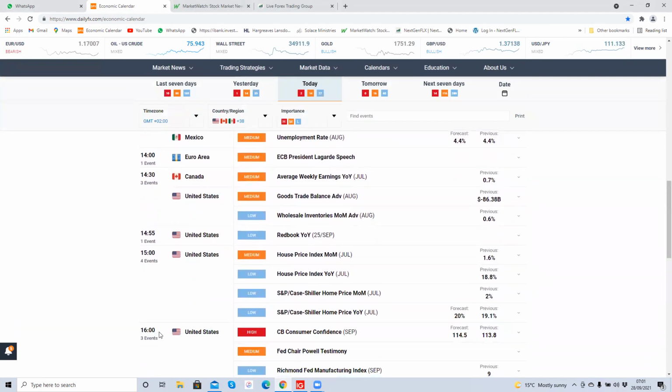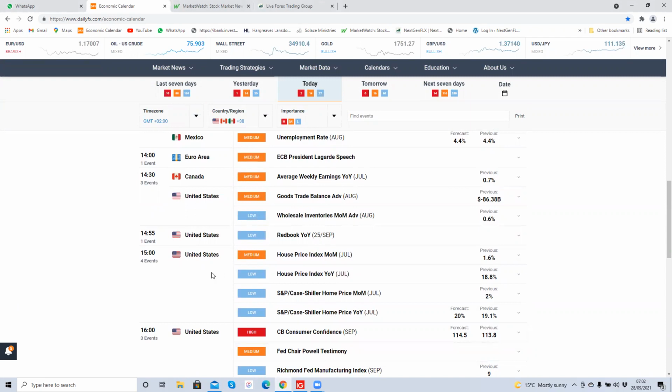So we can see at 4 p.m. we have the CB Consumer Confidence Report due out of the United States. And again, as we know, reports out of the United States affect all financial markets. So reports out of the United States affect the commodities market, the bond market, the stock market, and all currency pairs.